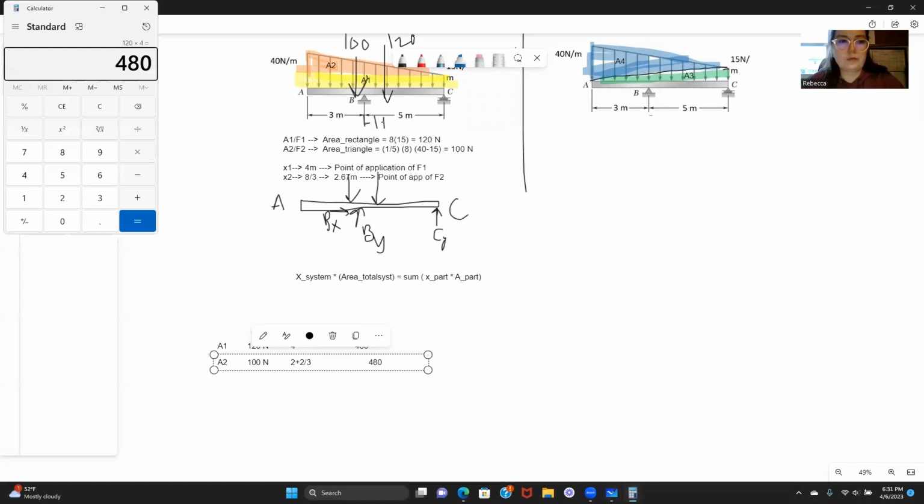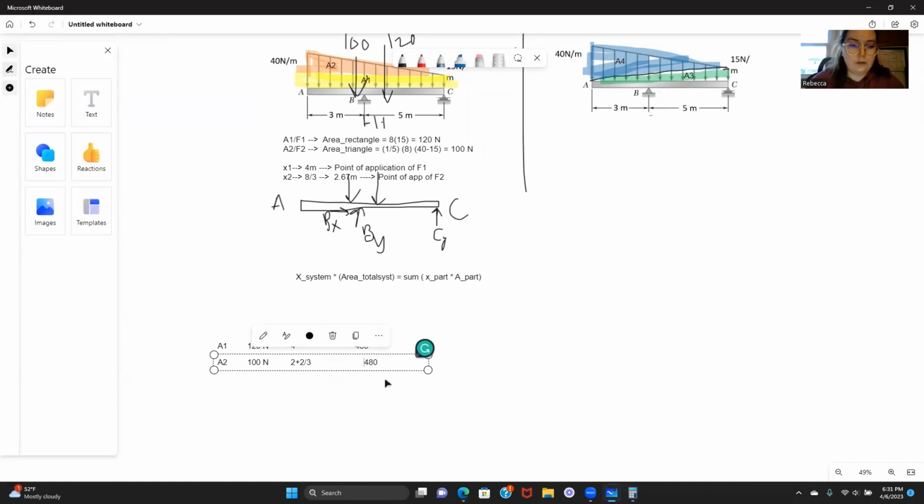And so 2 divided by 3 plus 2 times 100 newtons is going to give us 260. I'm going to round to 267.